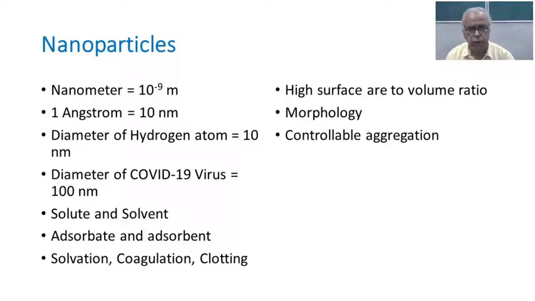But in between you have colloidal dispersions, which will be in the range of nanometers. Since we are going to discuss these nano-sized materials, we should know some basic terms associated with nanoparticles or nanotechnology.